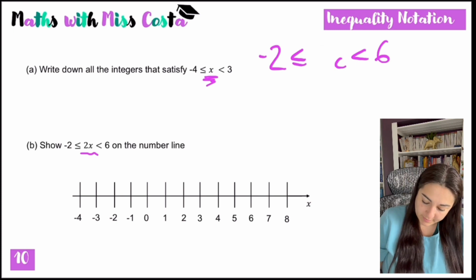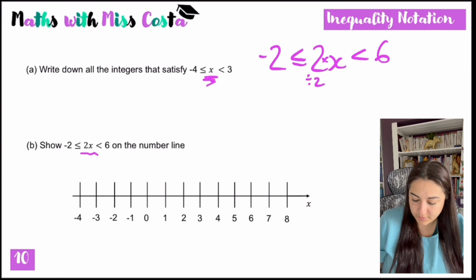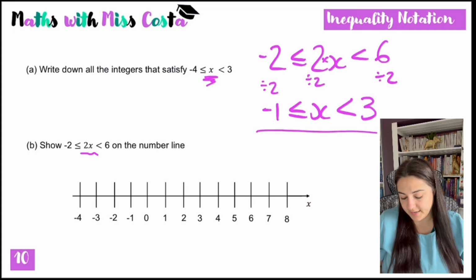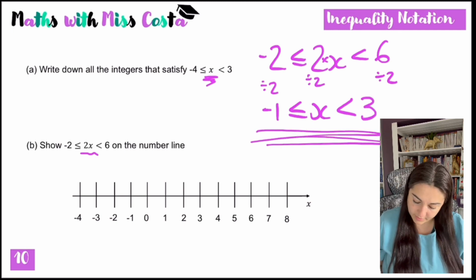It means 2 times by x. So to solve that, I'm going to need to divide each part by 2. So -2 divided by 2 is -1. 2x divided by 2 is obviously x, that's why I've done it. And 6 divided by 2 is 3. So this is my inequality: -1 is less than or equal to x, which is less than 3.